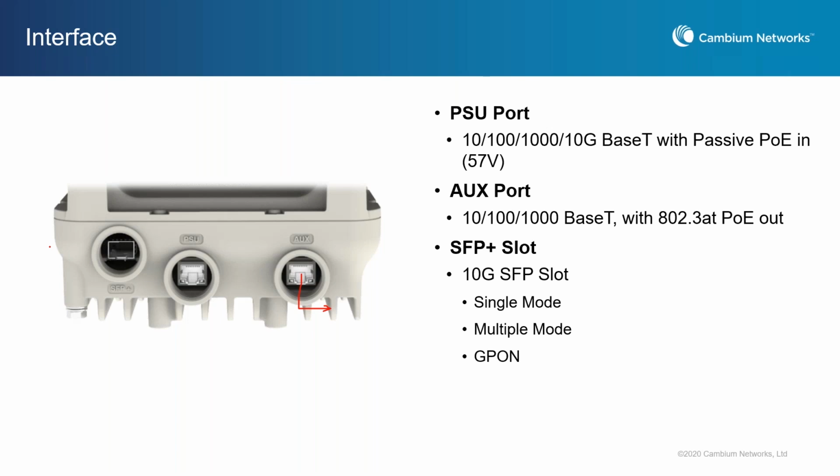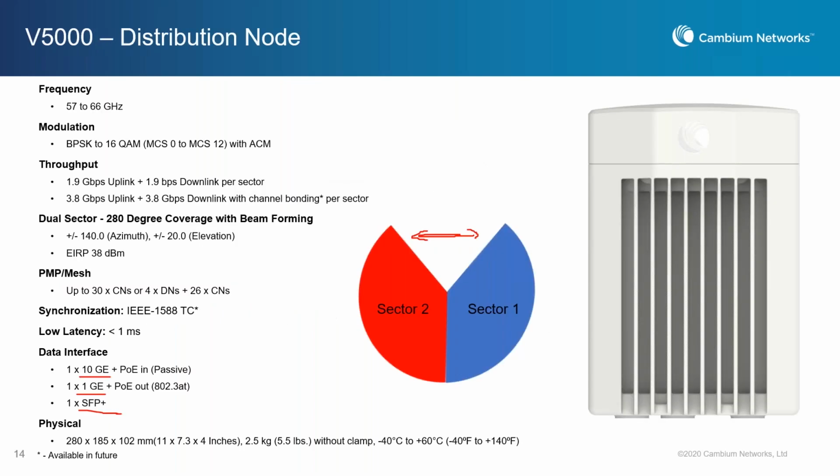Next question. Is the GPS that we mentioned built into the radio for the V5000, or is it something separate? Sorry, can you repeat the question? Does the V5000 contain a GPS? Is it built in, or is it a separate device that needs to be connected? I see. The V5000 has GPS built in.